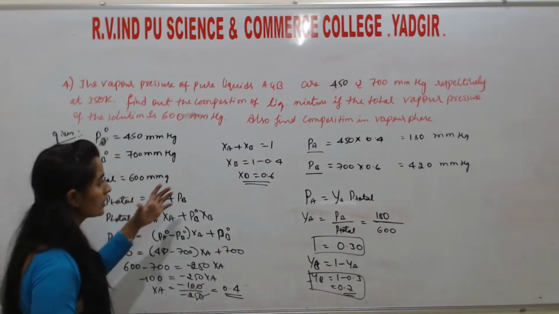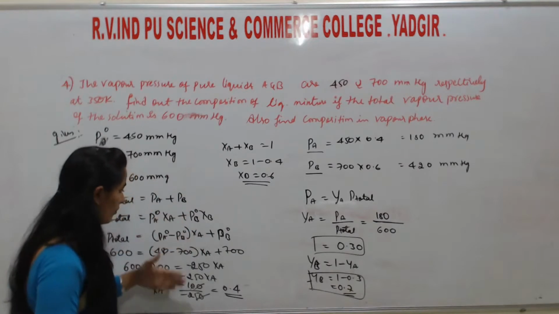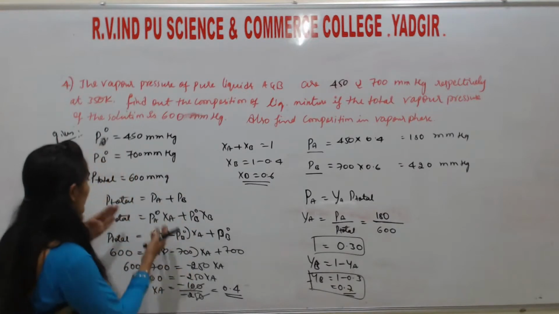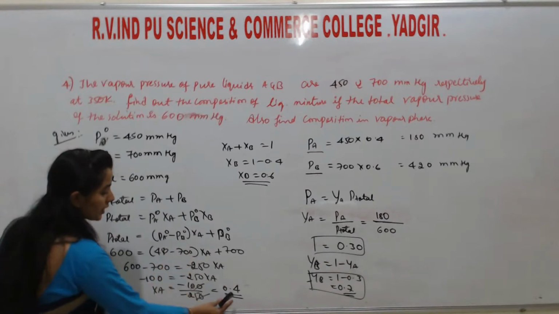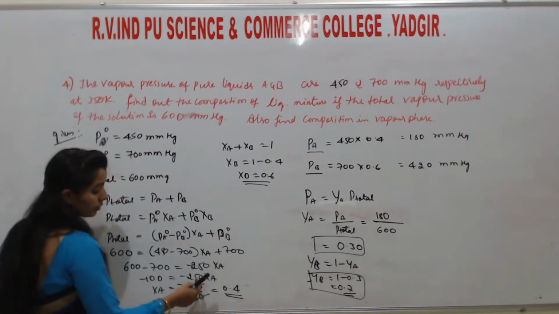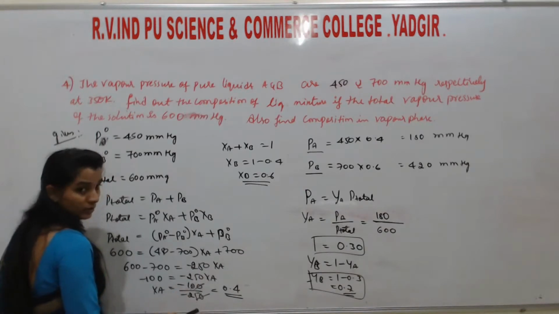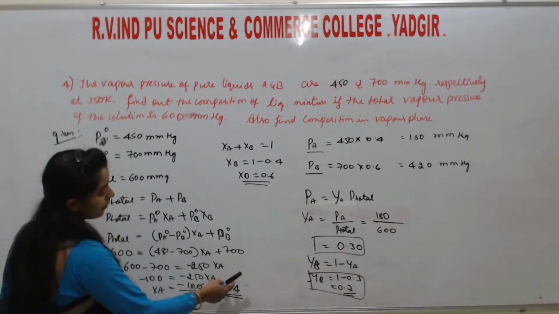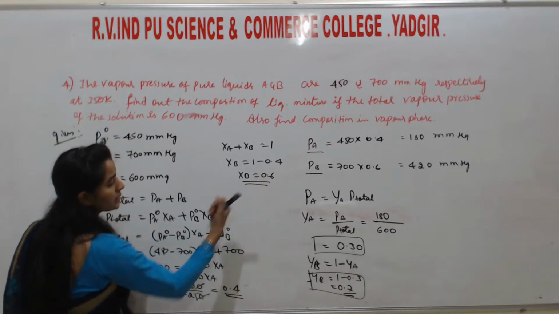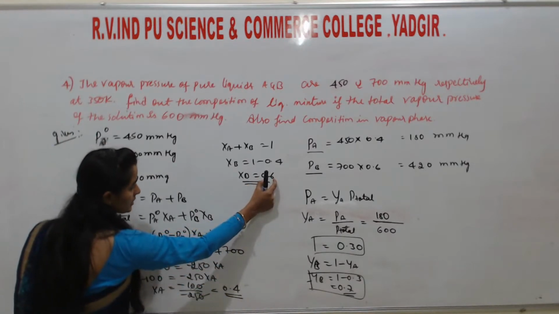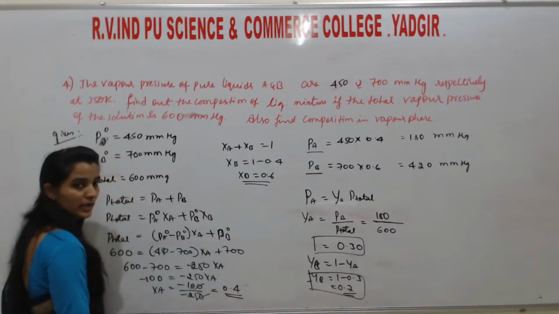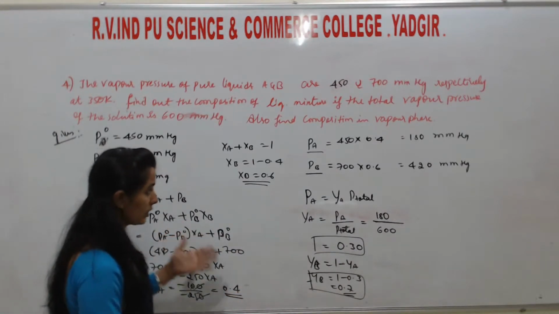But if you have calculators in the examination, you may apply whichever formula you want. Either you take this or you may take XB. Once we got the molar concentration, as I told you before, we get approximately 0.6, that is the molar concentration of B. If XB is 0.6, we will get XA as 0.4. That only I did here.